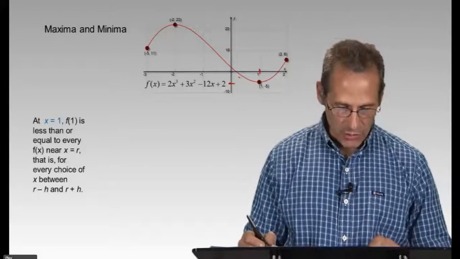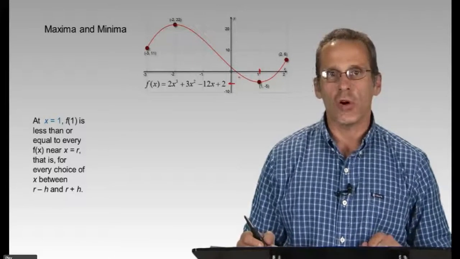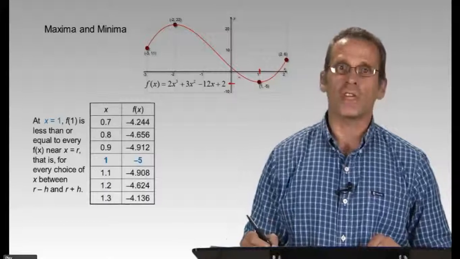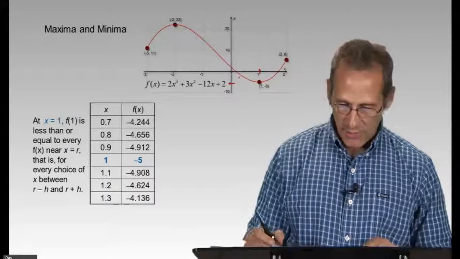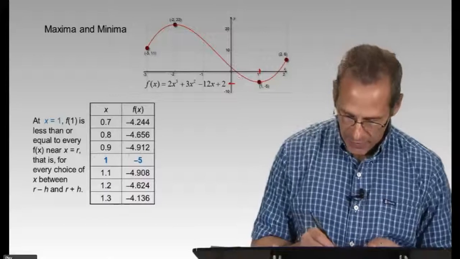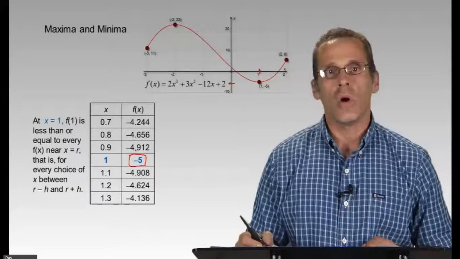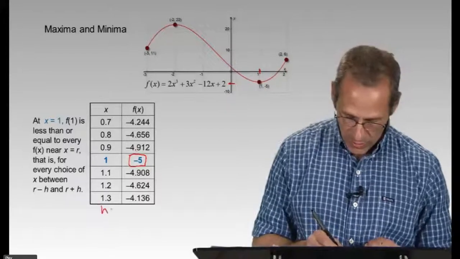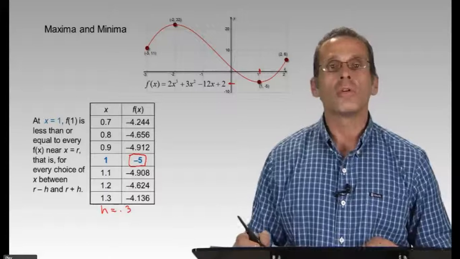That is, for every choice of x in this open interval, r minus h and r plus h. Let's take h to be 0.3 and look at some sample values. Notice that f of 1 is -5. And this is indeed less than or equal to all the other range values when we're a distance of 0.3 of a unit from 1.